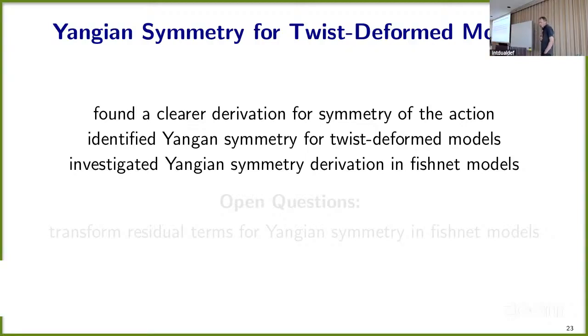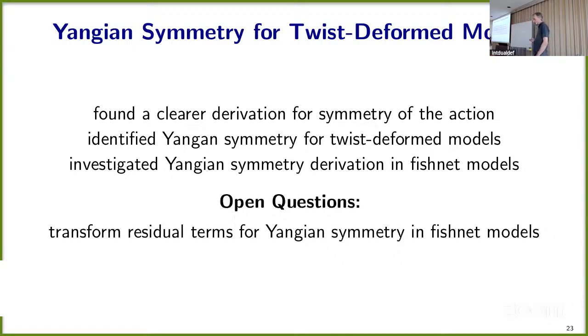Basically, you twist-deform all the symmetry statements, and only those that you can twist-deform properly are those that actually survive. So we get a subalgebra, and then we've investigated Yangian symmetry derivation for fishnet models, and it still needs to be seen how these residual terms that are not really representable in the limit can be transcribed to something that works purely within the fishnet model. Thanks.